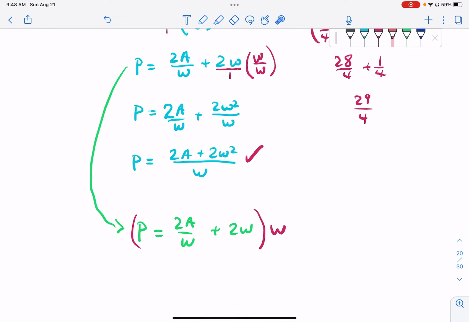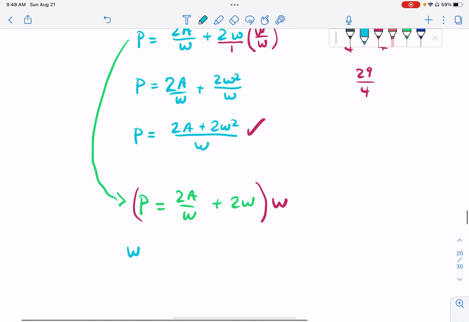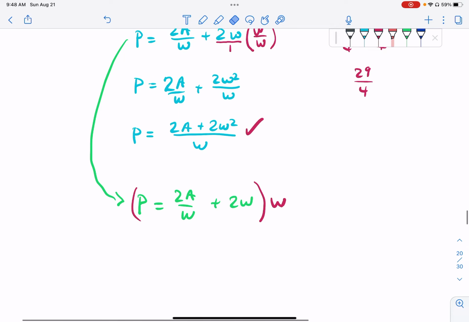P times w, whoa, I switched to blue, there we go, is equal to this 2a times w. The w's are going to cancel, the one on the bottom and the w that I'm multiplying it by, leaving me with just 2a. And then I multiply this 2w times w, and w times w is w squared.